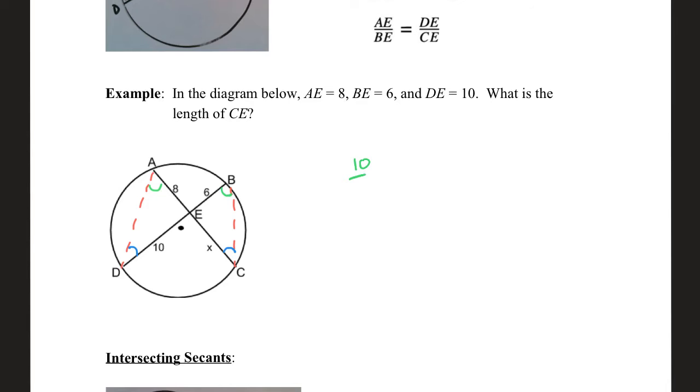So that's 10 over x is equal to 8 over 6. And then we just cross multiply and solve. So 10 times 6 is 60, which is equal to 8x. And we divide by 8 on both sides, and we get x is equal to 7.5.